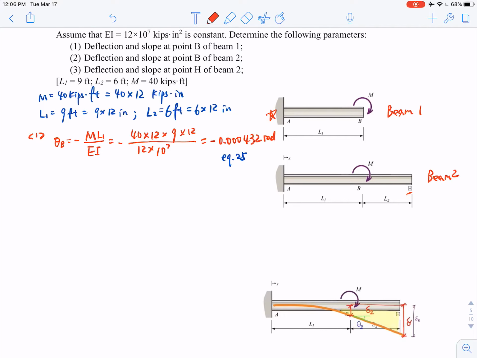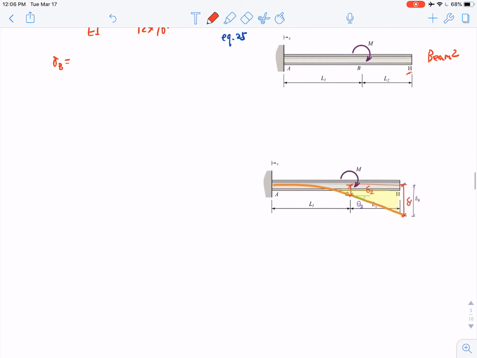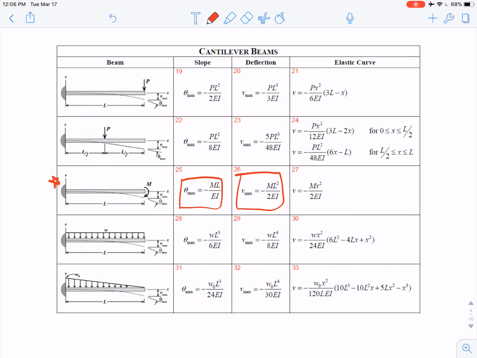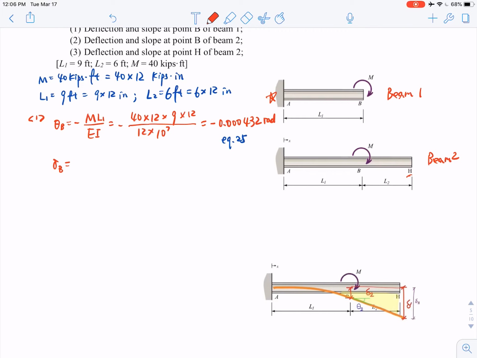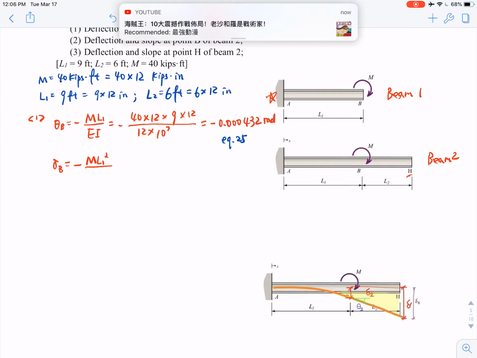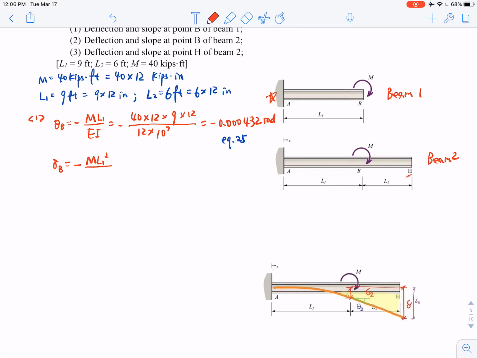Right, then to determine the deflection at the point B, we just calculate it directly from equation 26. Right? That is a negative M L1 square over 2 EI.